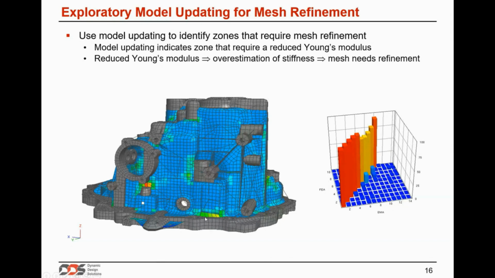But some specific locations need modification in order to have a nice correlation between the first 10 mode shapes of this engine. And so this is now showing the most likely areas that need improvement.